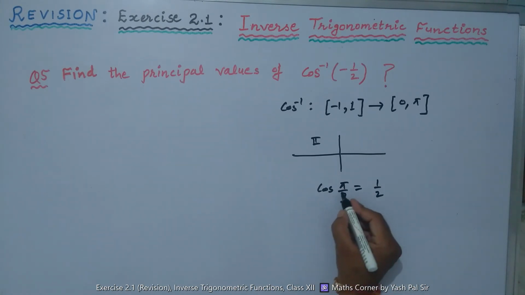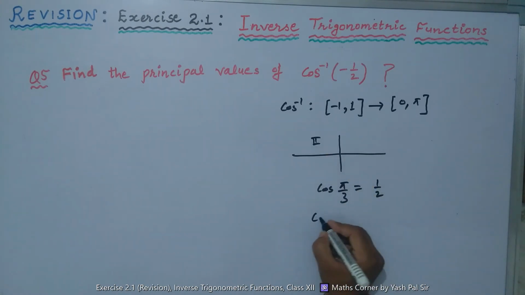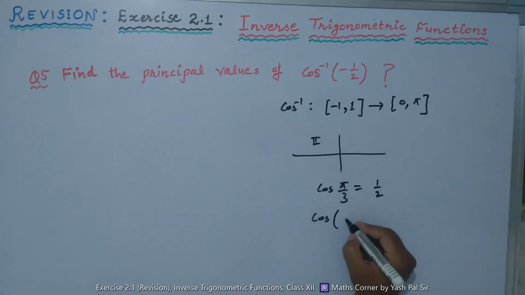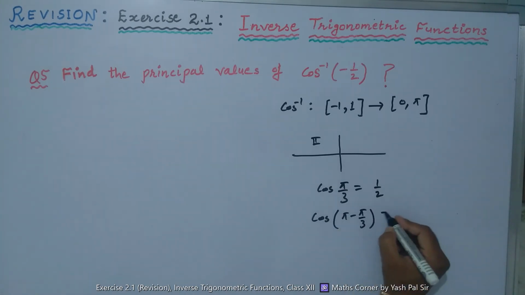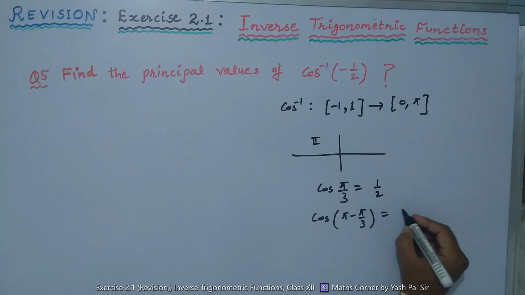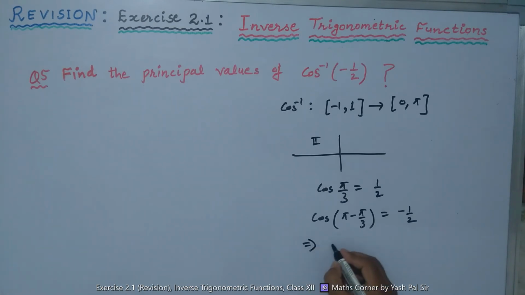So how can we come here? We can write cos of pi minus pi upon 3, that is equal to minus 1 upon 2. So that means cos of 2 pi upon 3 is equal to minus 1 upon 2.